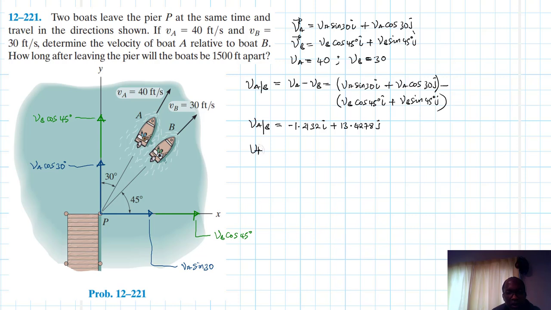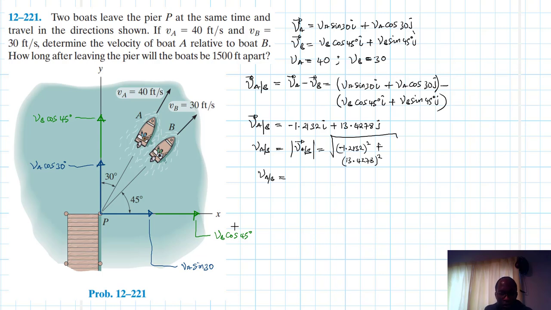Alright, so let's find the magnitude quickly. VA with respect to B, what do we have? These are vectors. The magnitude of VA with respect to B is the square root of minus 1.2132 squared plus 13.4278 squared.